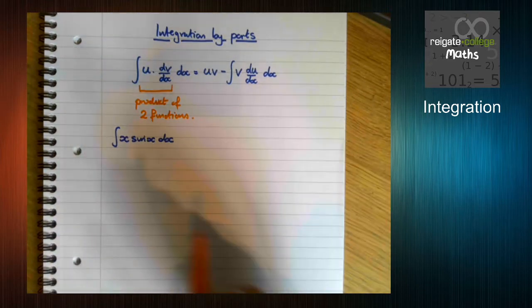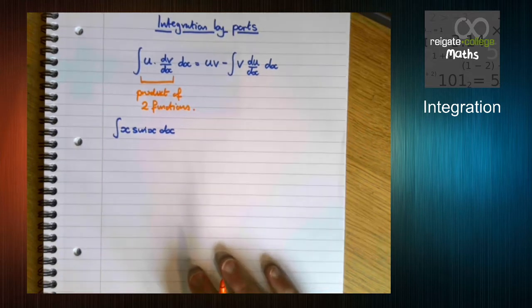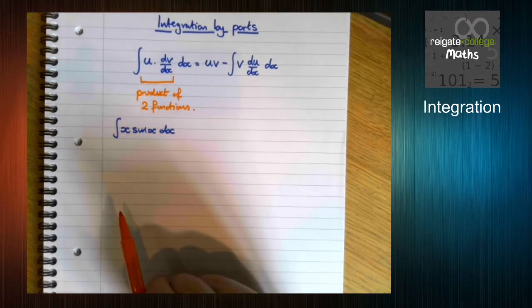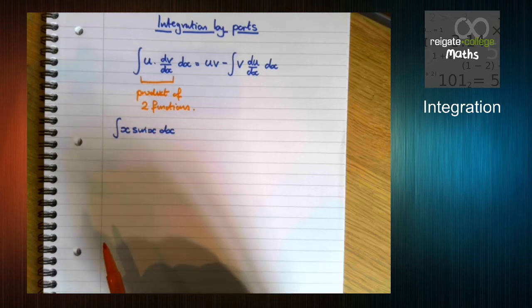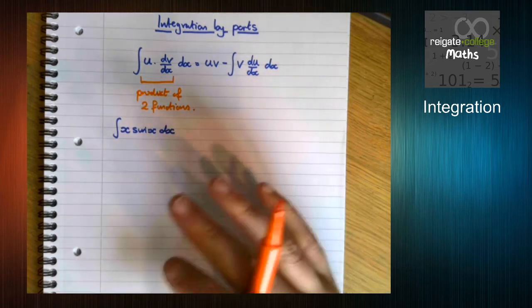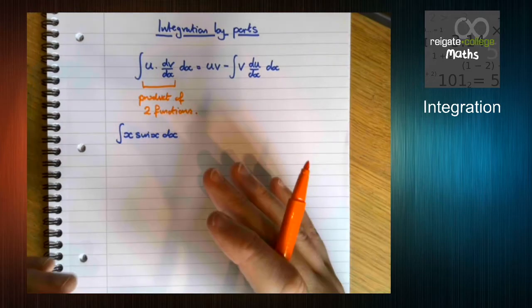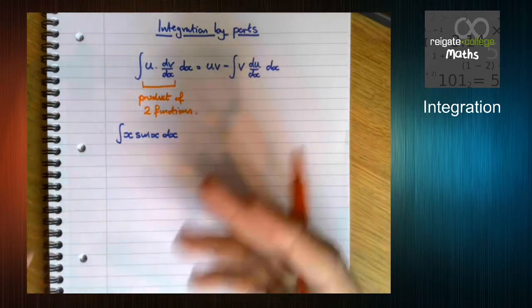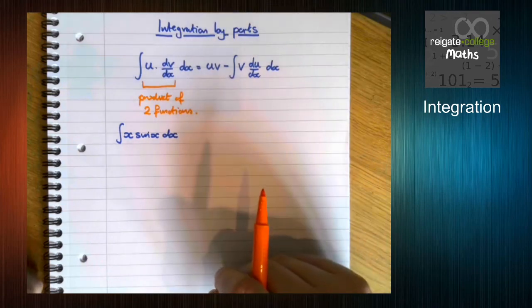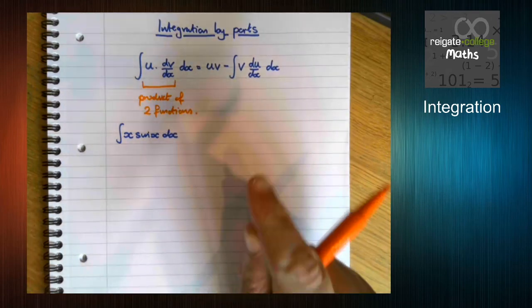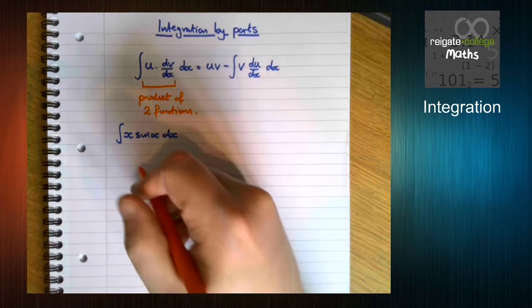So knowing that, we're going to identify x as u and dv by dx as sine x. Now, so I don't get confused between my layout for this formula and the product rule formula, I purposefully lay out my working slightly differently.